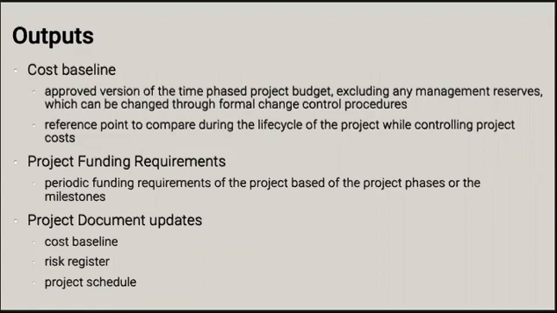The cost baseline is the budgeted amount for each of the phases of the project, together with the contingency reserves for the activities. It's a reference point with which we're going to be comparing our project work data, so that we know whether the project is performing or not. We're also going to have the periodic funding requirements as an output.